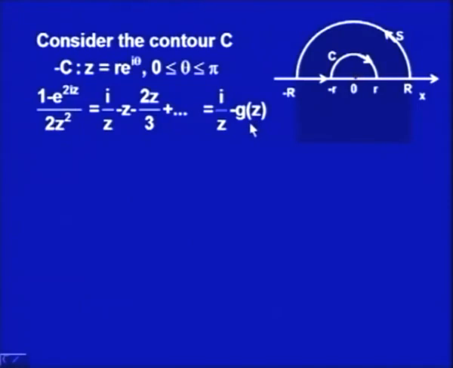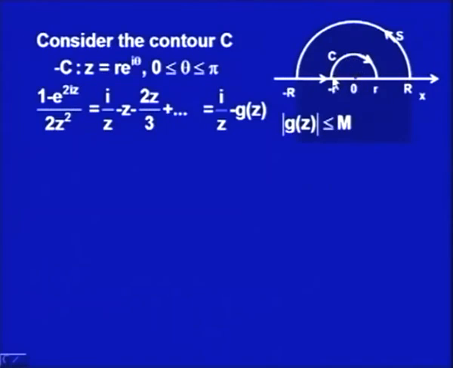By the definition of continuity, if I take any z in the small neighborhood of 0, then mod of g(z) minus g(0), that is g(z) minus 0, would be less than epsilon for all z such that mod of z minus 0 is less than r. So, we have got that mod of g(z) would be bounded by some constant capital M for all z on this contour C. Or rather, more easily, since it is continuous, let us take one z which is at the maximum distance from 0.